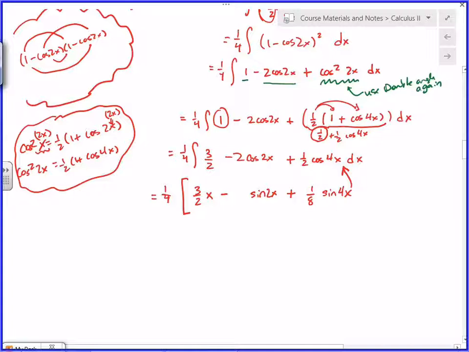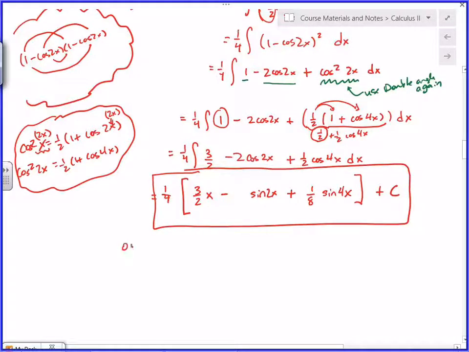So there we go. Close the integral, plus c. Which is good enough, or you could distribute the 4. I mean, this is acceptable right here. Or 3/8 x minus 1/4 sine of 2x plus 1/32 sine of 4x plus c.